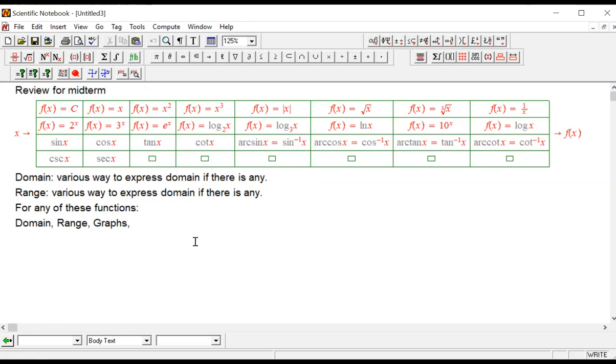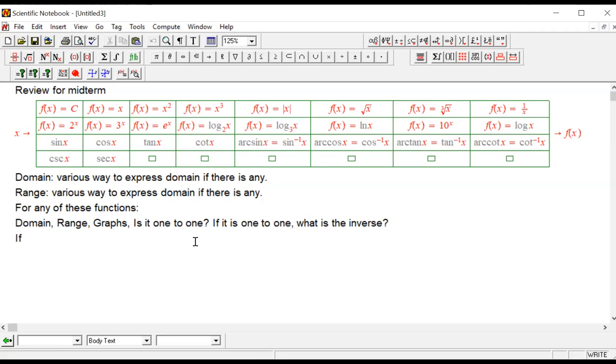Is it 1-to-1? If it is 1-to-1, what is the inverse? And for a 1-to-1 function and its inverse, we also study that property.